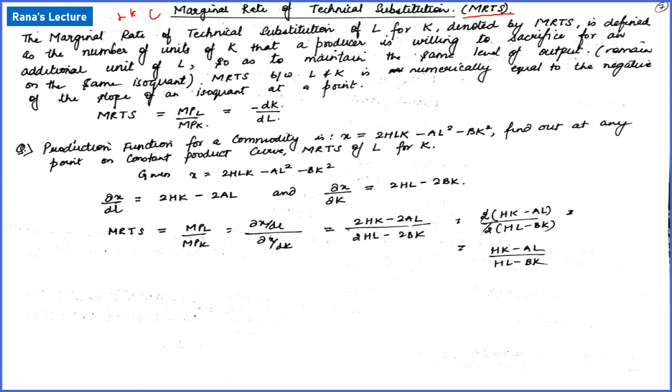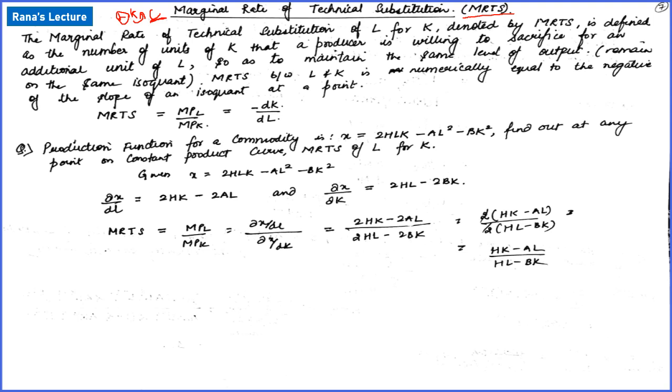That is, if we want to increase 1 unit of an input, how many units of the other input need to be sacrificed to stay at the same level of production, right? This is marginal rate of technical substitution. Let us see.